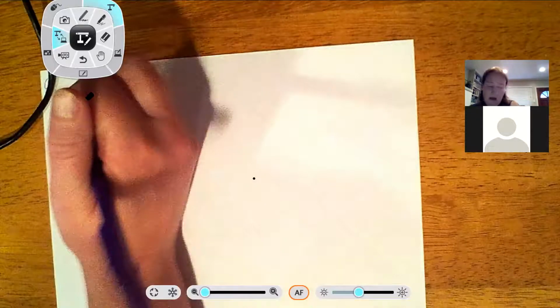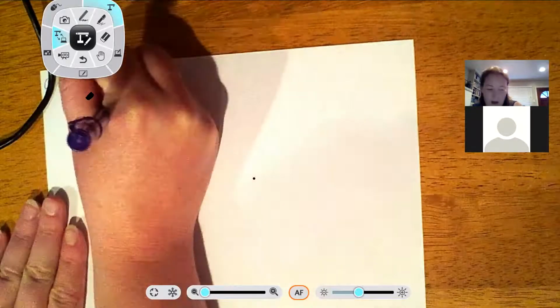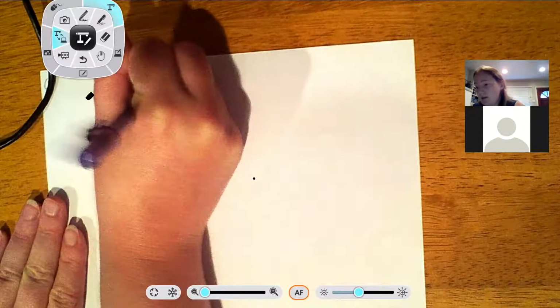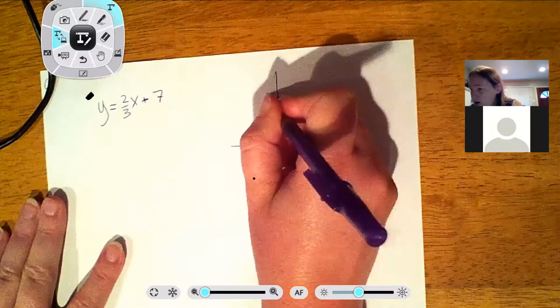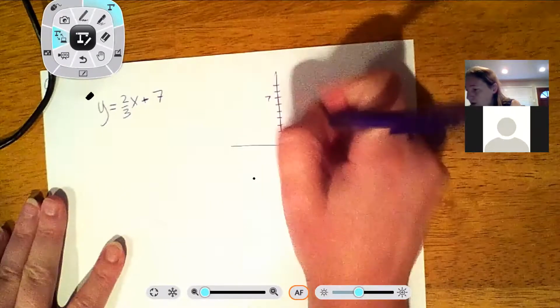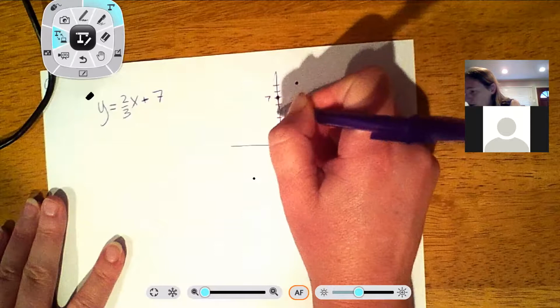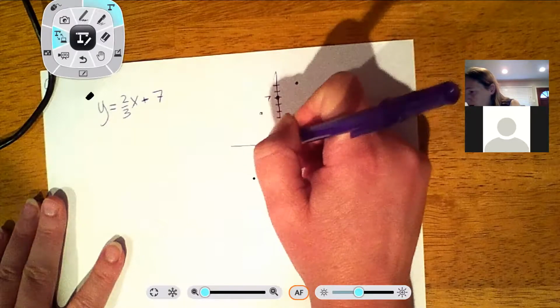So if you have a problem like y equals 2/3 x plus 7. 1, 2, 3, 4, 5, 6, 7, up 2 over 3, or down 2, left 3.